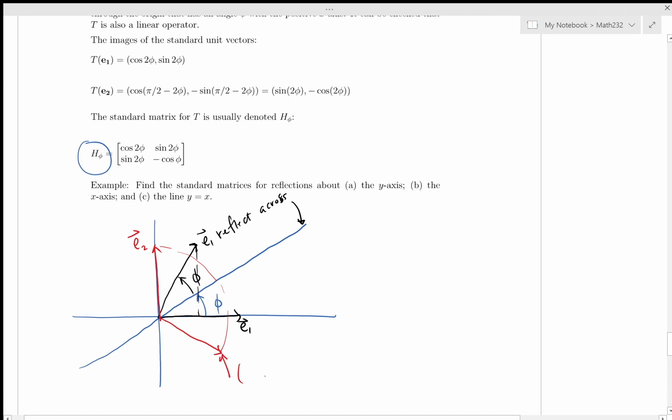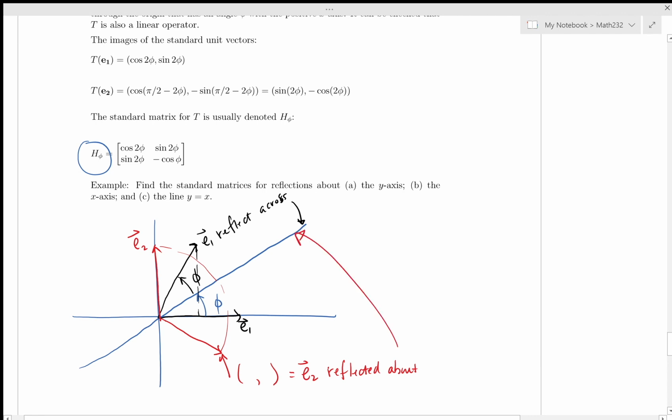What are the x and y components here of this guy, which is E2 reflected about this line here.